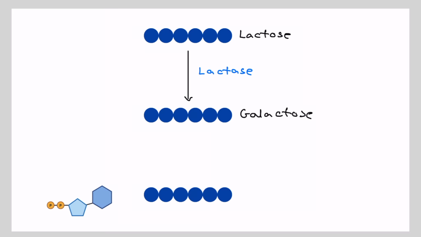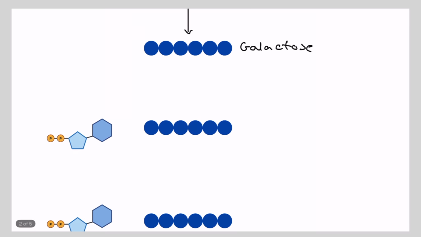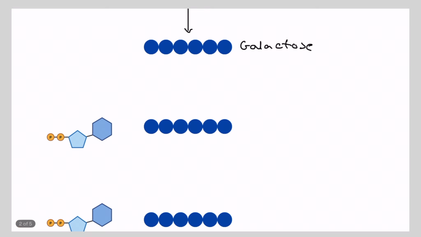Now the first step is going to be almost the same as we had before in glycolysis and in fructose metabolism. So this is going to be a phosphorylation reaction, in which a phosphate group is going to be added to the carbon number 1. And the enzyme, same as the previous pathways, is going to be called a kinase. This time it's galactokinase.